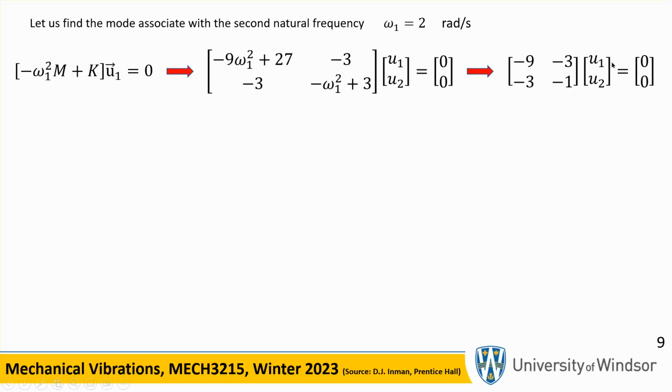Notice that it looks like you have 2 equations and 2 unknowns, but actually these 2 equations are identical. One is 3 times the other one. If you multiply the bottom equation by 3, you get exactly the one on the top. So you really don't have 2 equations. You have 1 equation, 2 unknowns. So we can set arbitrarily U2 equal to plus 1. Could it have been something else? Yes. Would that give you a different U1? Yes.